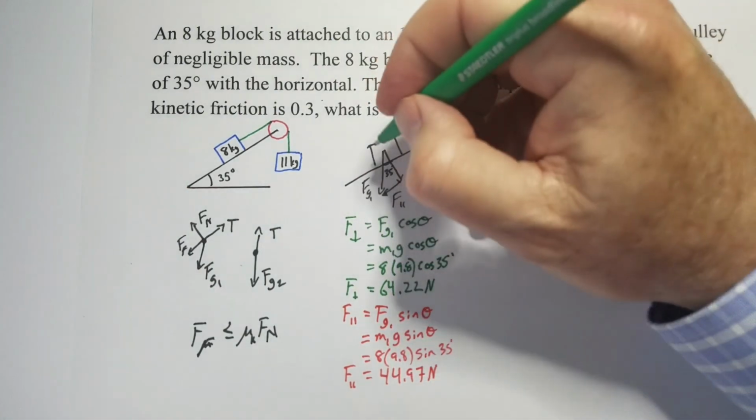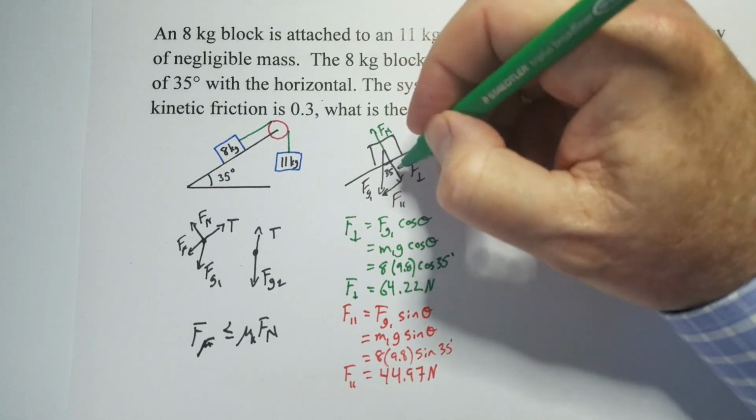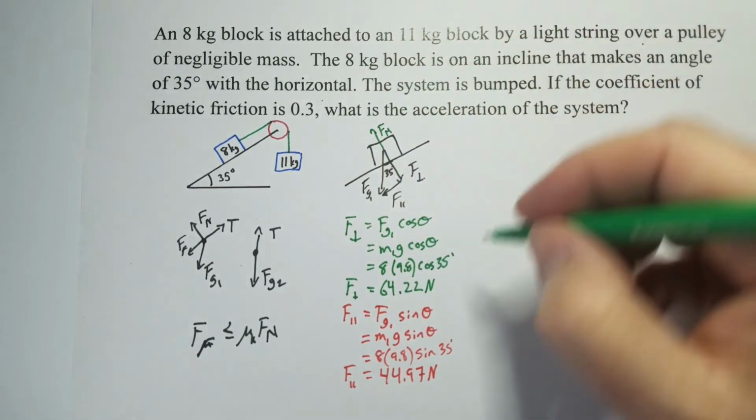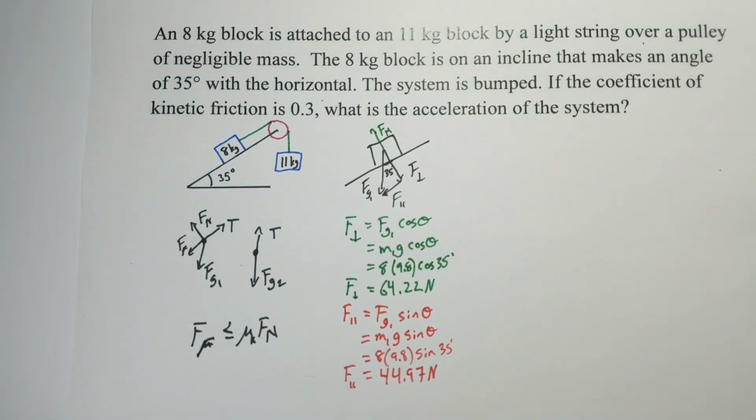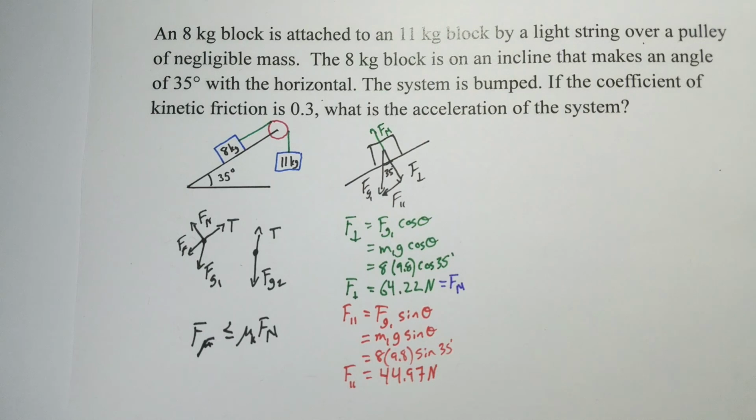And again, that normal force will have to be equal to the force perpendicular because you're not sinking into the table or going flying off. So that's equal to the normal force.